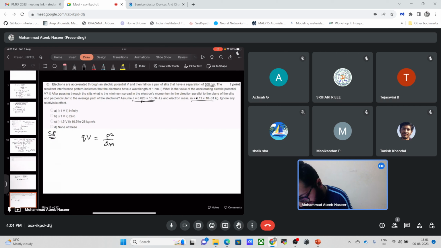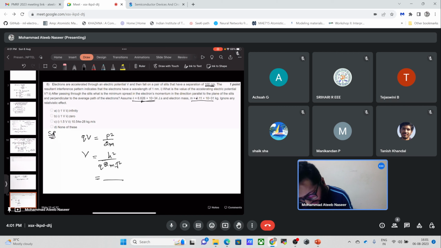So this V can simply be given by h² by 2m lambda squared, divided by q. Let us put the values for these things.